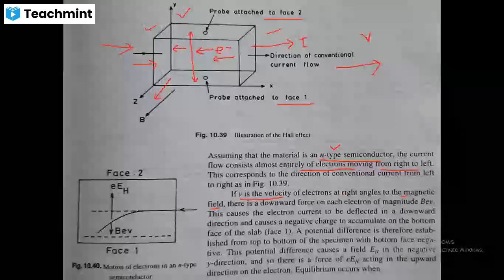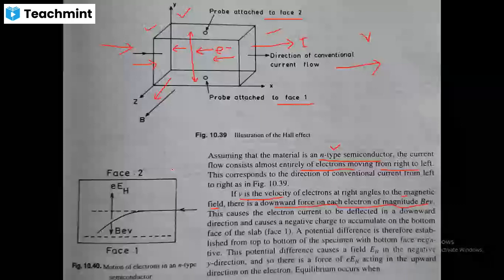If v is the velocity of the electrons at right angles to the magnetic field, then when these electrons move in this direction, they move with a particular velocity. The velocity of the electrons is taken as v, perpendicular to the z direction. So there is a downward force on each electron of magnitude Bev.